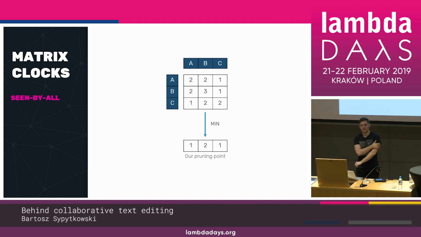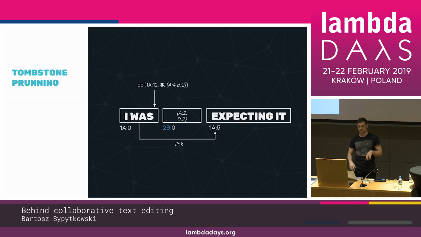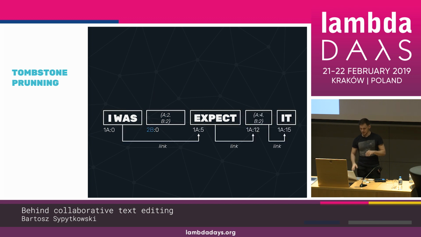Now we can rest assured that every single document that was submitted here has seen all of the tombstones that are less than or equal to this vector clock. So now we can replace our magic t variable with those vector clocks. Let's say that we assigned tombstones in the form of timestamps to tombstones in the form of those vector clocks, and we want to make a prune operation.